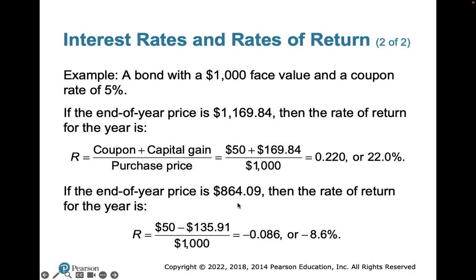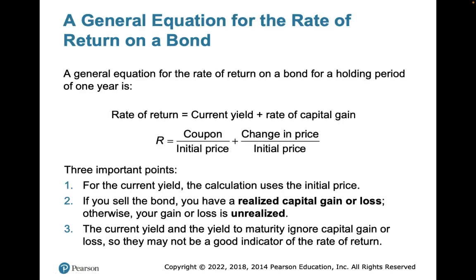If the end price is 864.09, then the rate of return for the year is $50 minus the loss of 135.91, divided by 1,000, which equals this. This is the general equation, and you must know that the current yield calculation uses the initial price, and if you sell the bond you have a realized capital gain or loss.